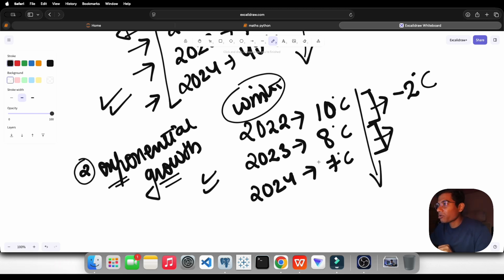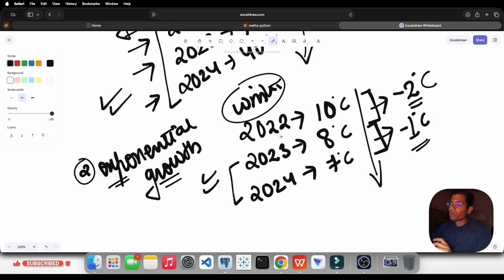If I talk about 2023 and 2024, it is decreasing by 1 degree Celsius. So what is it all about? Not in a linear way, not in a proper way. I mean to say sometimes the number becomes larger with time, sometimes the number becomes smaller in time, right? 2 degrees, 1 degree, like that. This is the thing.